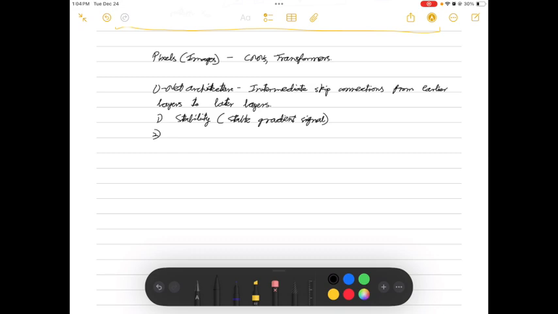And the second one is for sample quality. It is empirically known that U-Net architecture provides the best sample quality when training diffusion models.